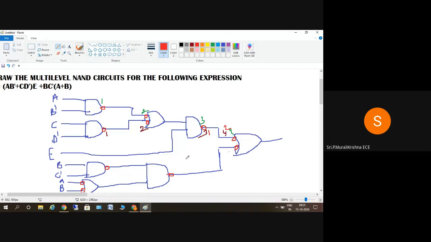So no problem with E also. Next we have this one. This is 1, this is 2, and this is 3. So it is not compensated.